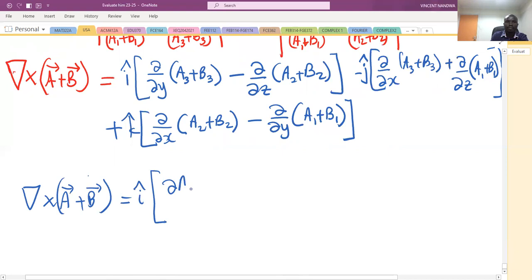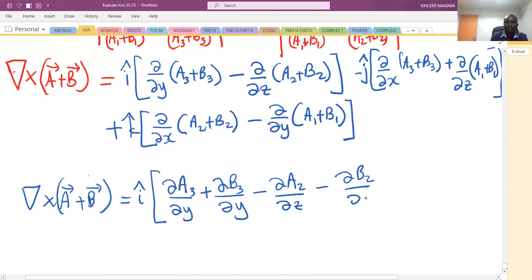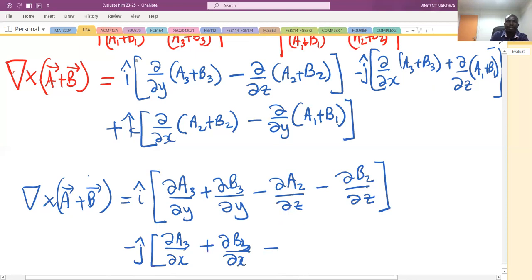So partial A3 partial y plus partial B3 partial y minus partial A2 partial z minus partial B2 partial z, and then minus j, partial A3 partial x plus partial B3 partial x.